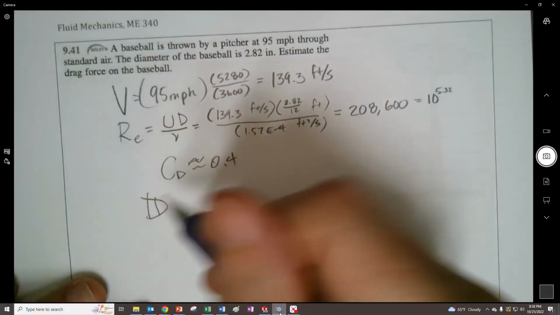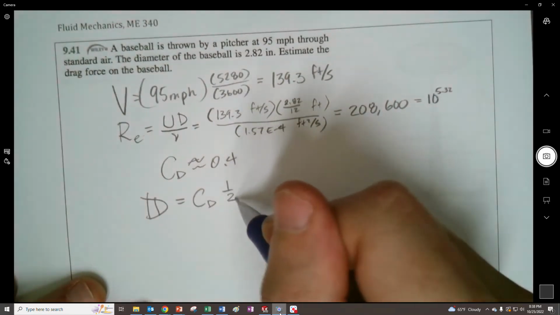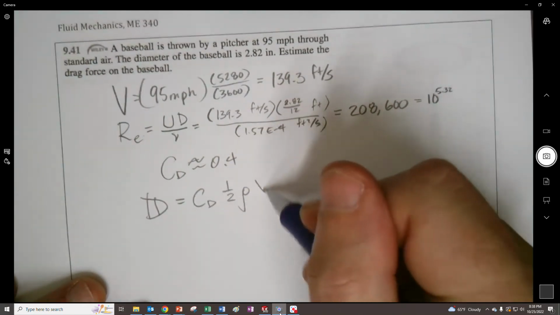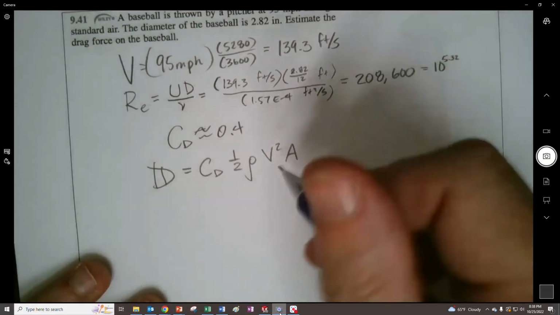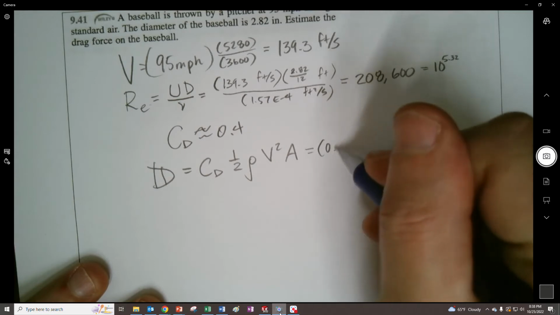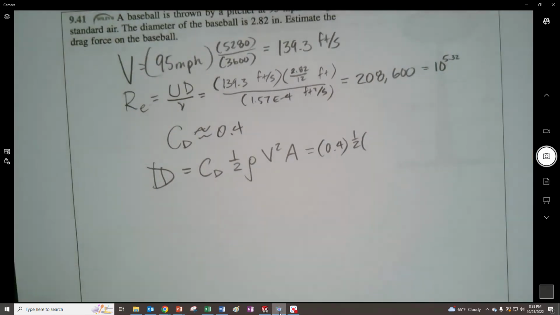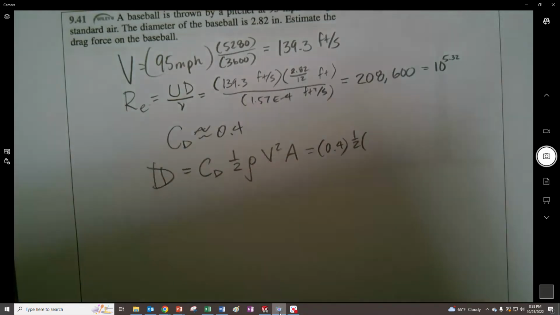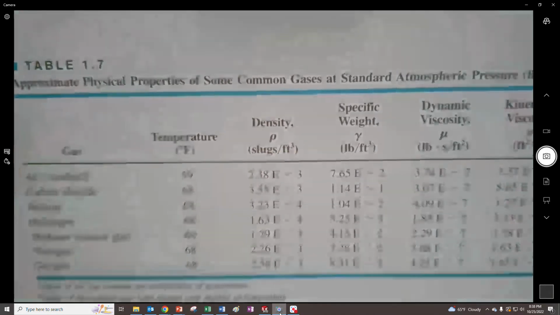So we're going to take our drag, which is equal to CD times 1/2 density times our velocity squared times the area. We have our 0.4 and 1/2. The density of the air, as we had mentioned before, was 2.3 E minus 3 slugs per cubic feet.